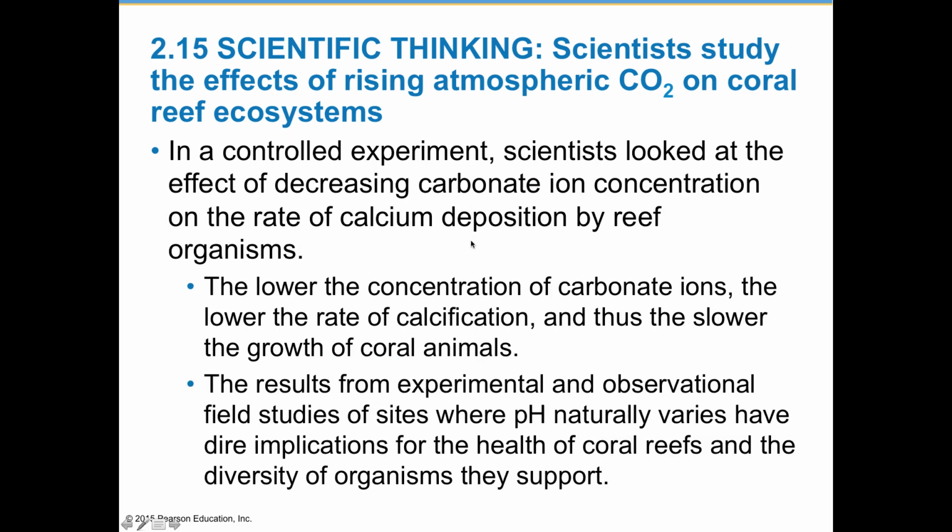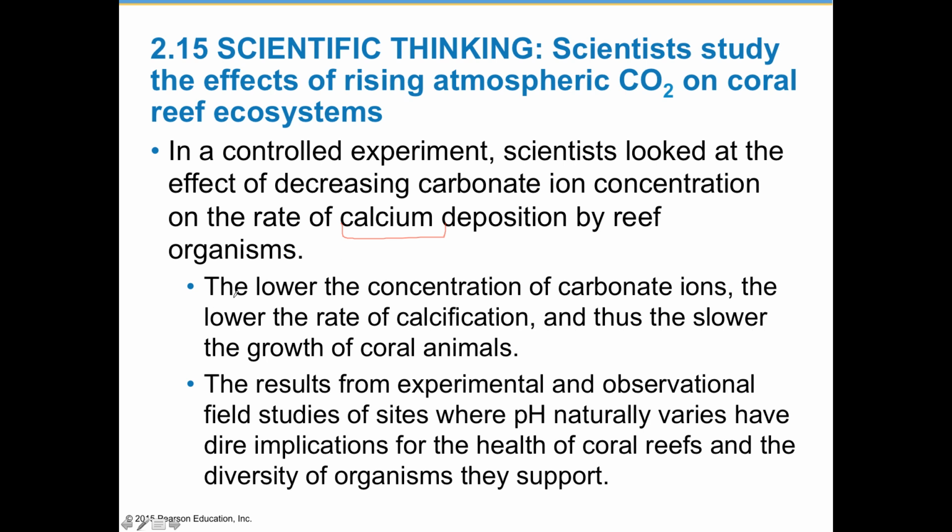And that's a problem. So this is just talking about an experiment, and it says in a controlled experiment, scientists look at the effects of decreased carbonate ion. The carbonate ion is being used to offset the extra CO2. So when you decrease the amount of carbonate ion available to these reef organisms, they're going to measure the rate of calcification.